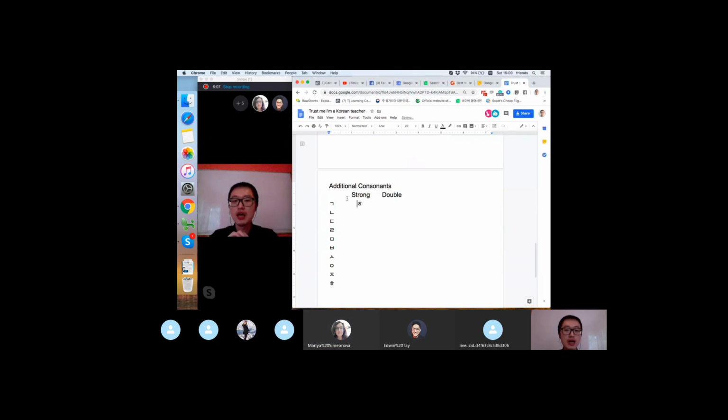The basic consonant here is k or g, right? So the sound of g plus k looks like this, and the sound is k.